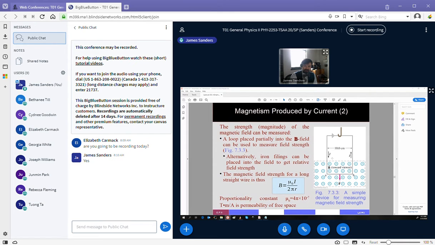For example, you could take a setup like this where you have a long straight wire, you've run some current through it, and you've got a little force sensor hooked onto it, and you put it partially into the magnetic field. If it's partially into the magnetic field, then you get a force on this side but no force on this side. So you have some net amount of force.